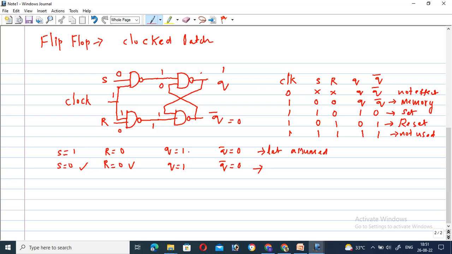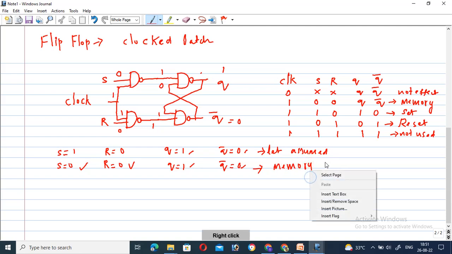So Q is equal to 1 and Q bar is equal to 0, the same outputs. So in the case of the SR flip-flop, when S is equal to 0 and R is equal to 0, it produces the previous outputs. So that's why we can call it a memory state. So let us see other possibilities.